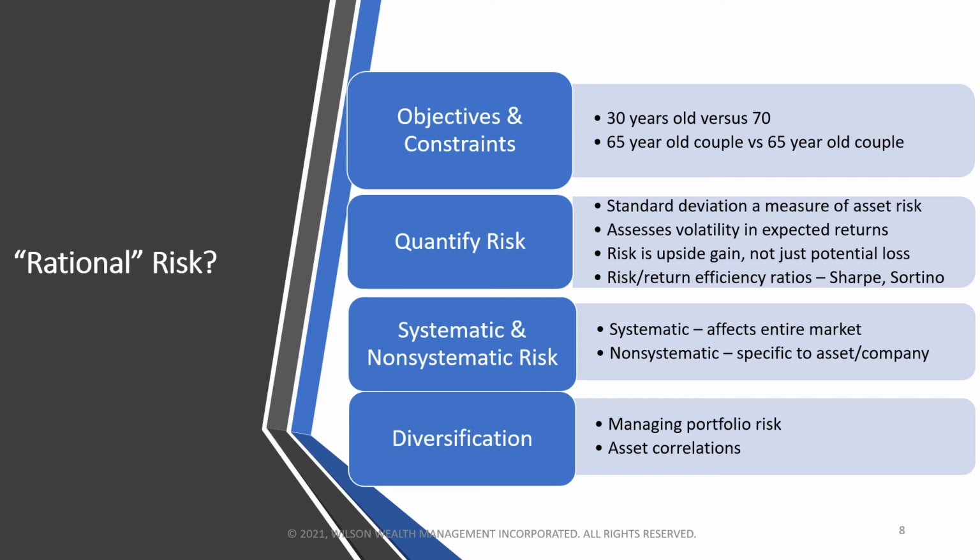We also discussed systematic and non-systematic risk. Systematic is a risk that affects the entire market or a market segment. The prime interest rate. It's thrust down on you from above, whether you're a business or an individual. The non-systematic risks are specific to the asset or the company.